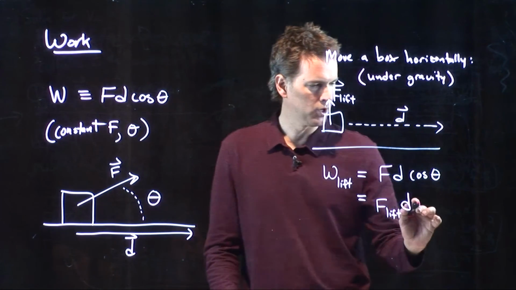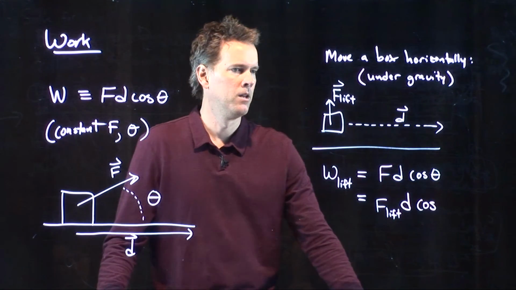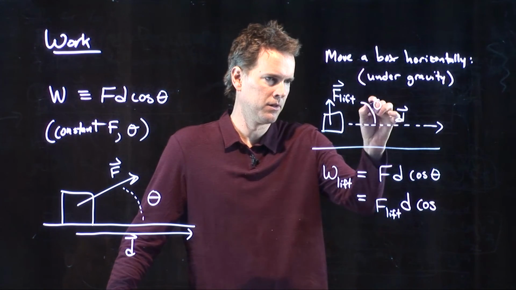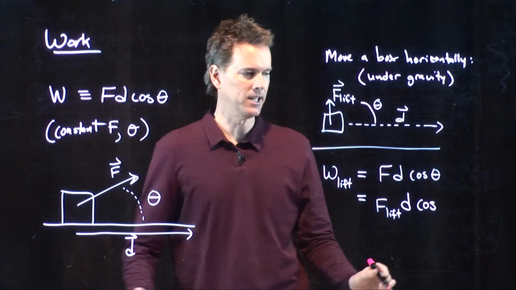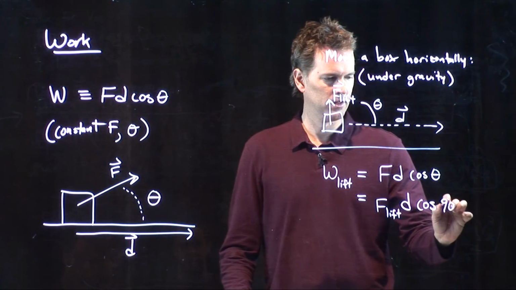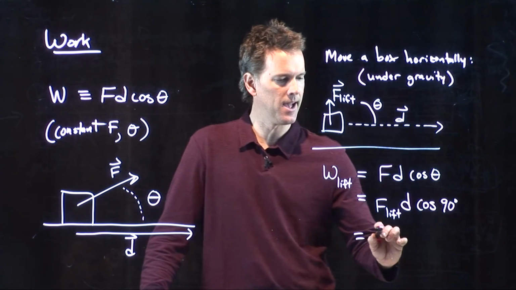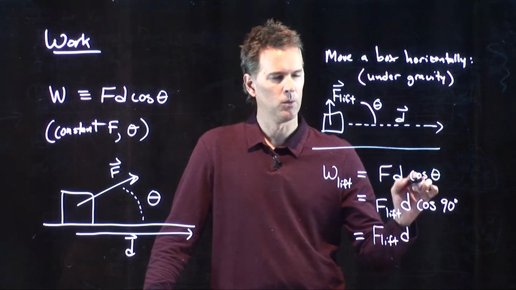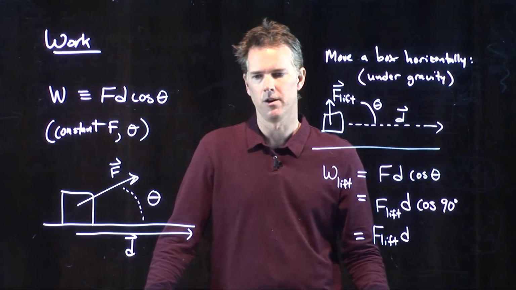And then we have the cosine of the angle between them. What is the angle between those two? It's that right there, and that has to be 90 degrees. So, what is the work? It is F lift times d. What's the cosine of 90 degrees? 0.